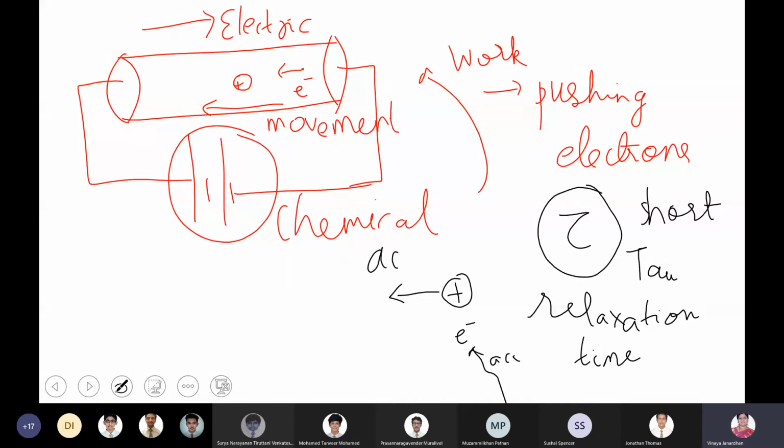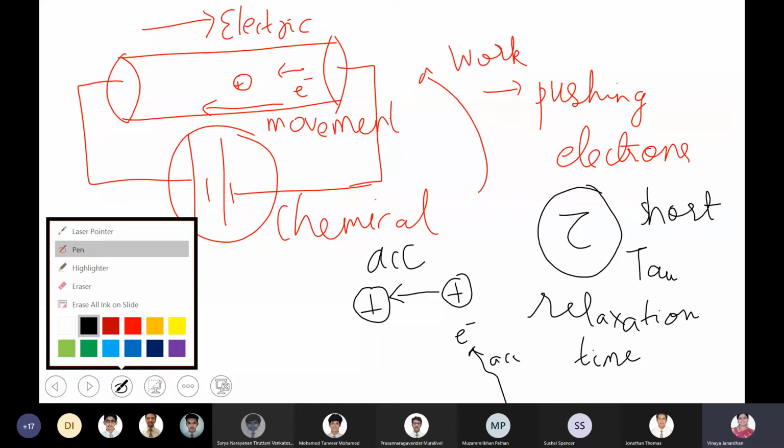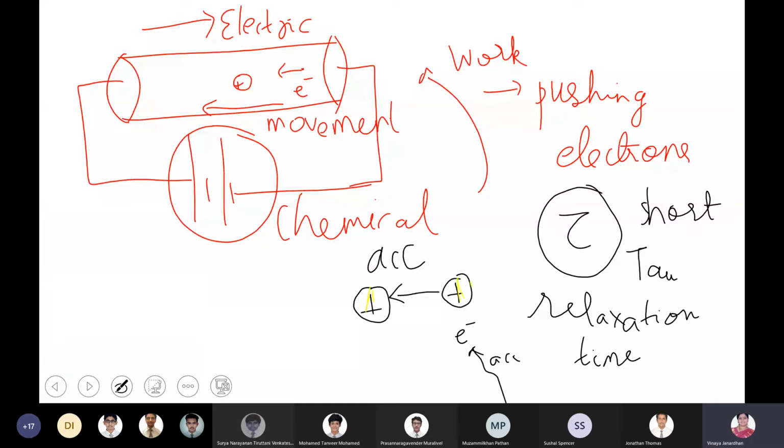It gets accelerated. How long will it get accelerated? Till it goes and collides with the other atom. So between two successive collisions, between two positive charges, the electron gets accelerated, because it goes and collides with one atom, and later on it gets accelerated by the electric field till it collides with the other atom. So the time taken between two successive collisions is called relaxation time. Only during this time it gets accelerated by the electric field.